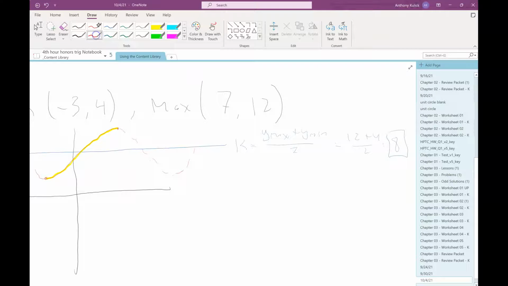Okay. The amplitude is half of this distance from max to min, correct? So since it's half of a distance, it's going to be y max minus y min over 2.